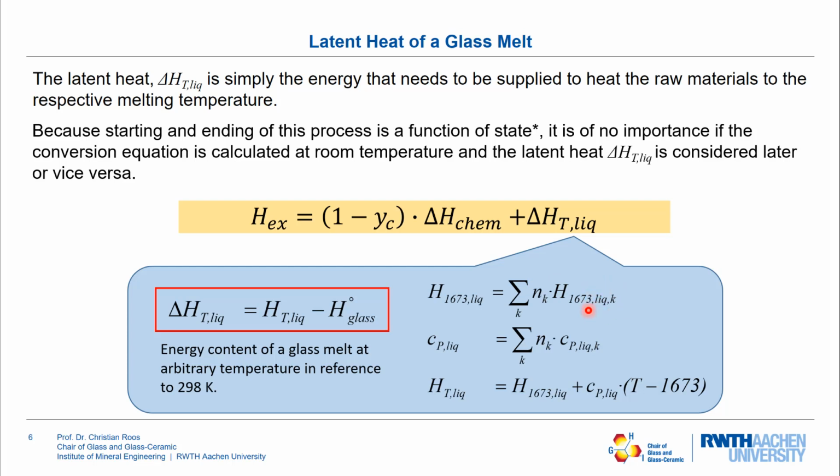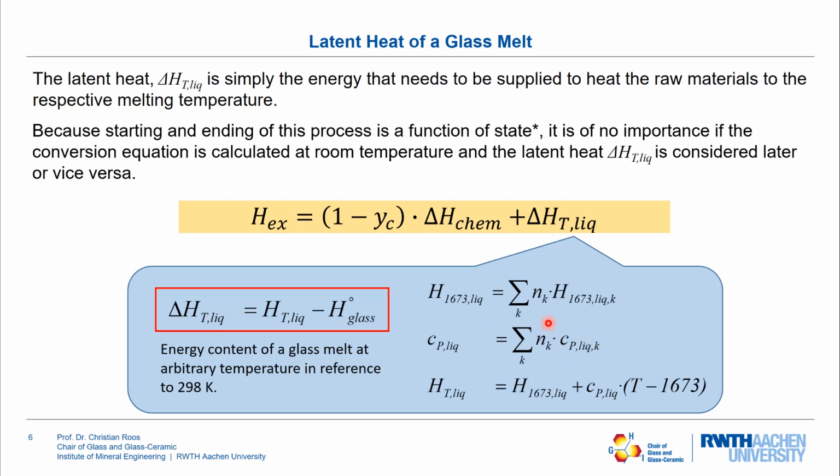Now, the tabulated heat content of a phase in the melt refers to a certain temperature. In our case here, it is 1400 degrees Celsius or 1673 Kelvin. If now the temperature at which the glass is considered in the furnace is different to this 1400 degrees Celsius, one has to adapt the equation according to the heat capacity of the respective component.